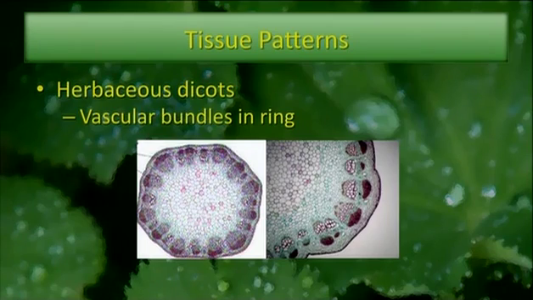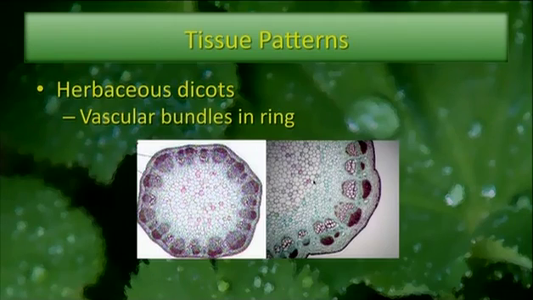Then in the second year, they'll start producing xylem cells toward the inside and phloem cells to the outside. Secondary xylem to the inside, secondary phloem to the outside. Now here you have the pith. So you have the epidermis, the cortex, the vascular bundles, and the pith. Those are the main parts of an herbaceous dicot.